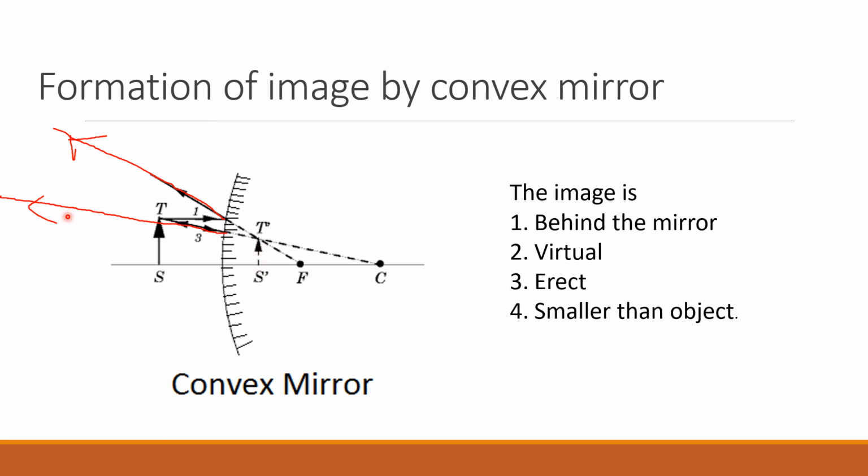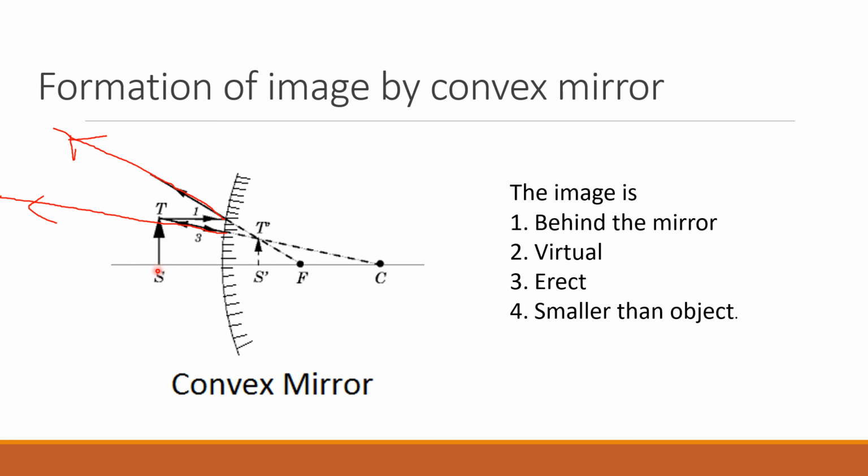The reflected rays are not intersecting, but the virtual lines are. Therefore, are the rays actually intersecting? No. If the rays do not intersect, then the image formed is virtual. Fine. Virtual image.